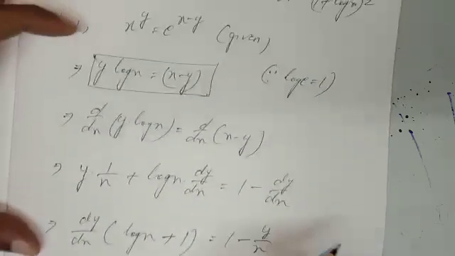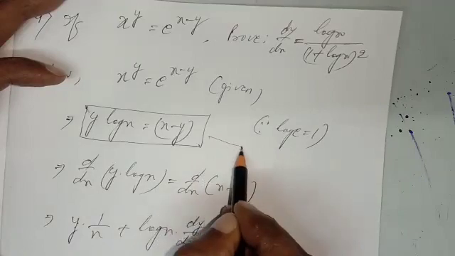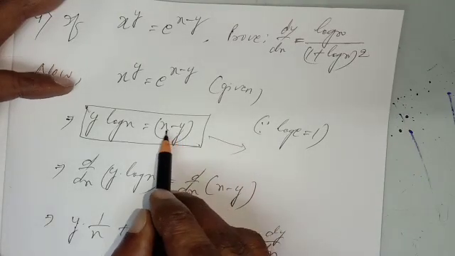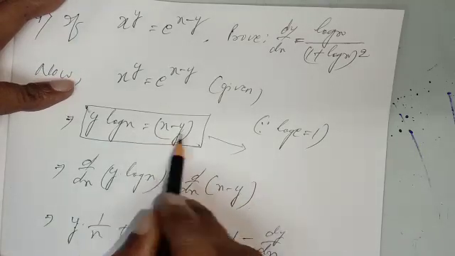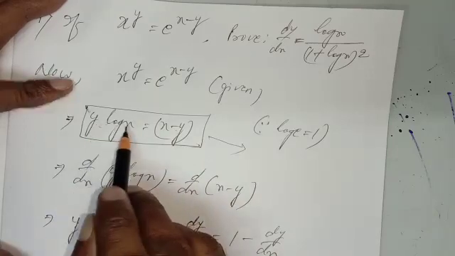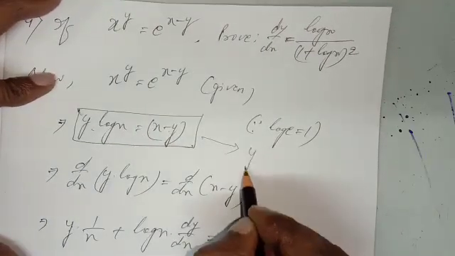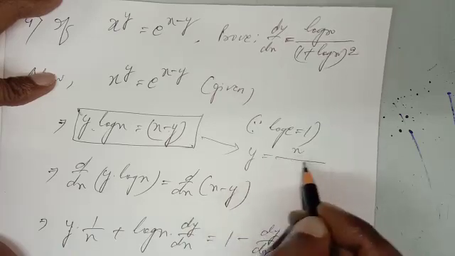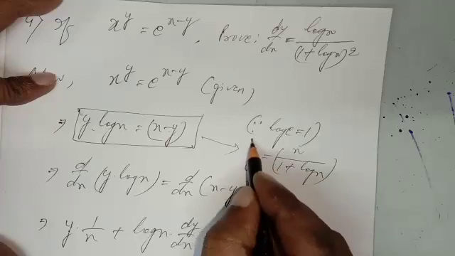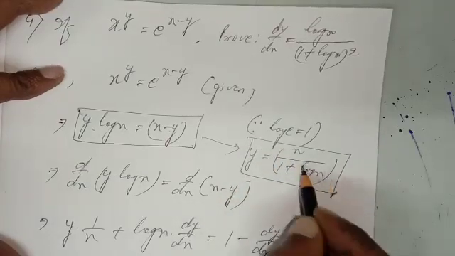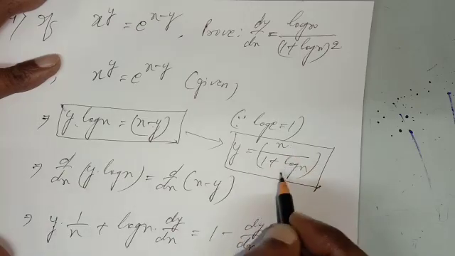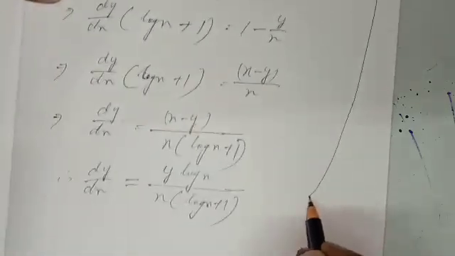Just see from here, if I take y to that side, this will be y log x plus y. Taking y common, y is equal to x by (1 plus log x). This value you have to substitute here.